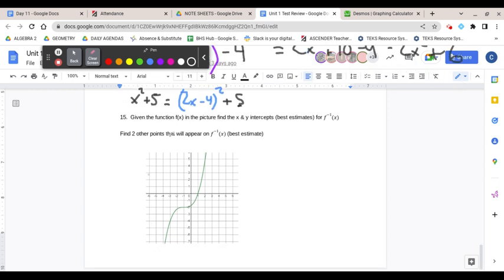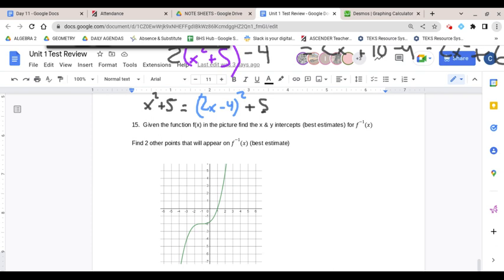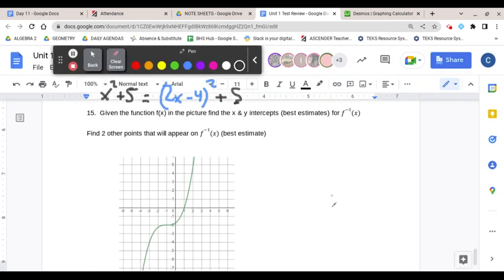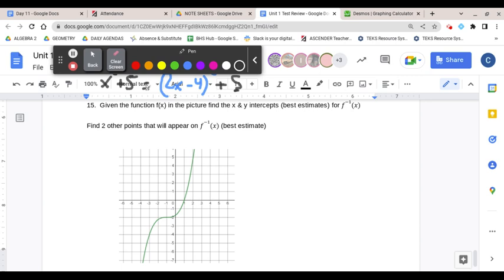Okay, this one, kind of a little wordy. Maybe worded a little bit weird, but first of all, what we want to do is find the x and y intercepts, and this is going to be a picture matching one as well when we take our test. So given the function here, we want to find the x and y intercepts for the inverse function.